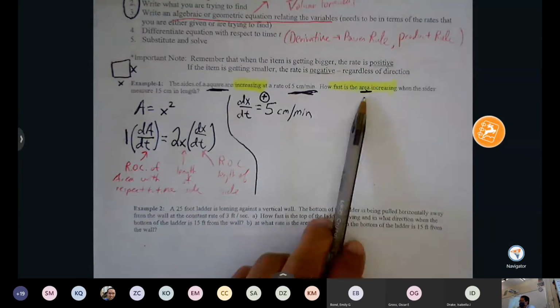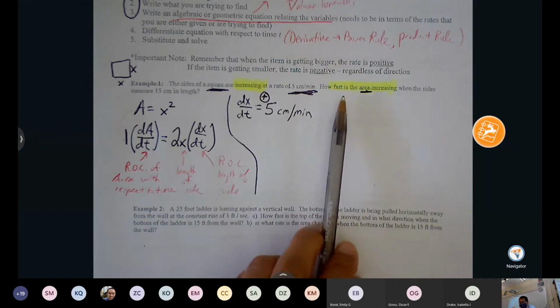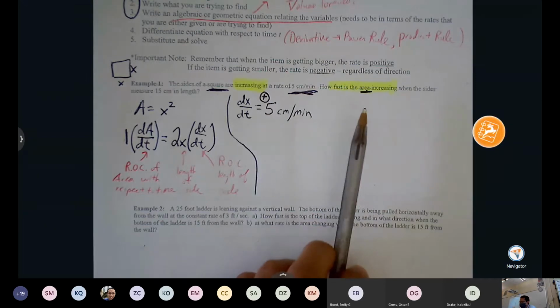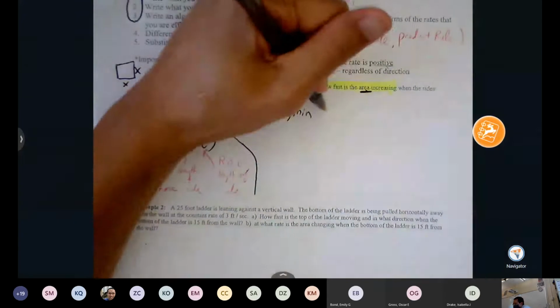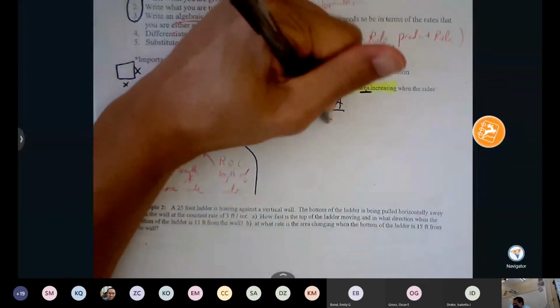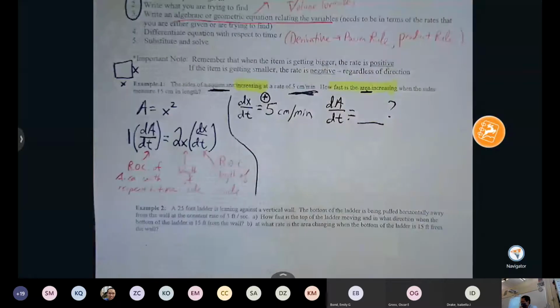You see the word area, so definitely it's area related, but it's not going to be a static area. You see increase, you see fast, so all these context clues indicate that it must be some sort of rate. It's got to be dA dt. So dA dt is the unknown, the variable that we're looking for.